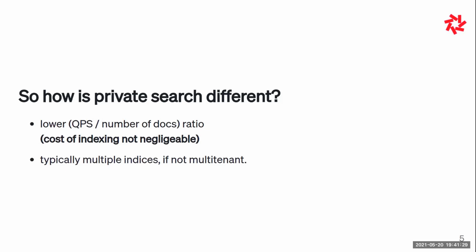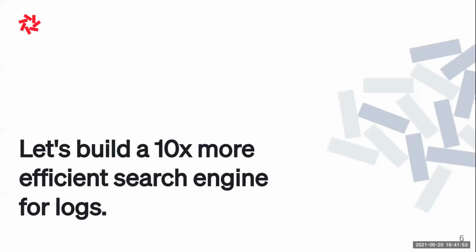But even if you use log search on premise, it's also in a sense a multi-tenant setting, because every single microservice in your company has its own index, and it's basically the same problem. Maybe security is not as much an issue there, but in terms of performance and cost effectiveness, it's exactly the same problem. So now that we know our targets, let's build the 10x more efficient search engine for logs.